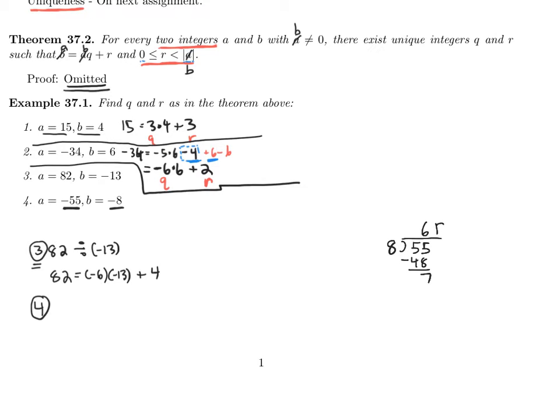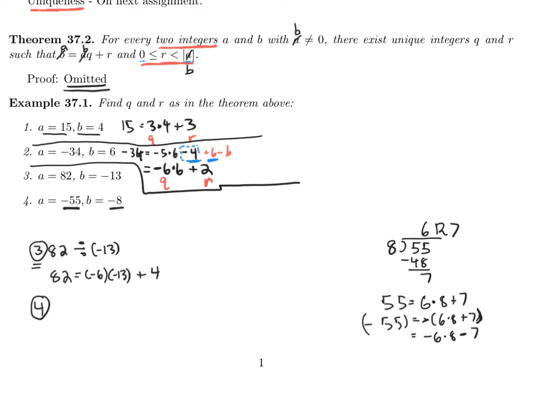With a remainder of 7. So if this was positive, we'd get 55 equals 6 times 8 plus 7. So we're tempted just to say, well, it's negative 55. So this is going to be negative 6 times 8 plus 7, just taking the negative both sides, which is, of course, negative 6 times 8 minus 7.